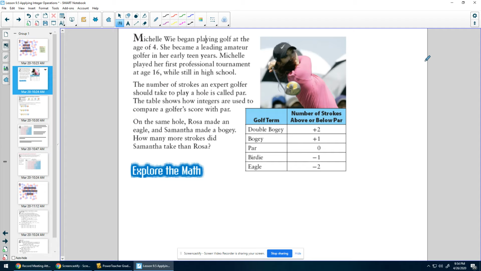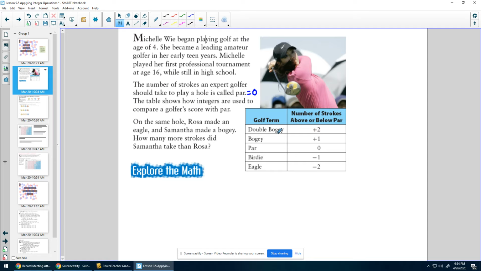The number of strokes an expert golfer should take to play a hole is called par. And par is equal to 0. The table shows how integers are used to compare a golfer's score with par.